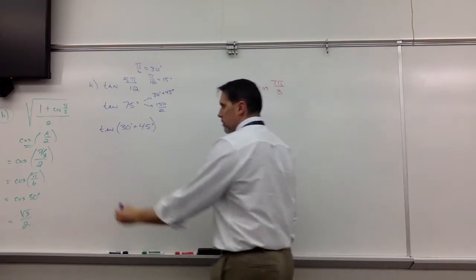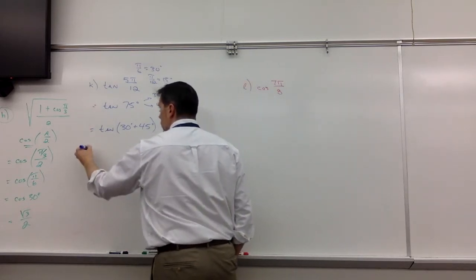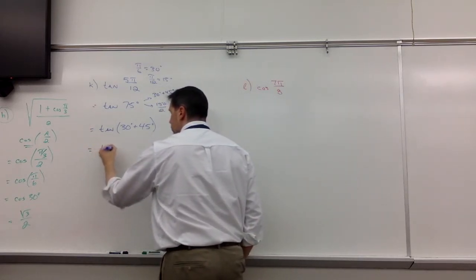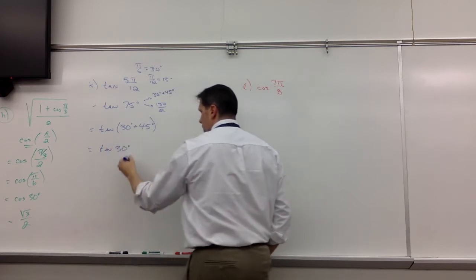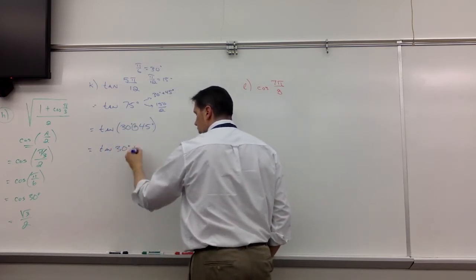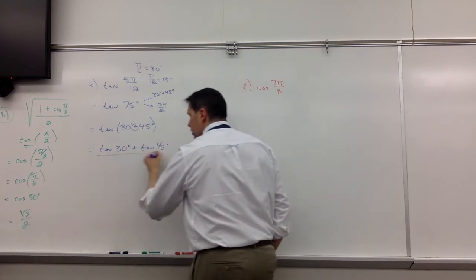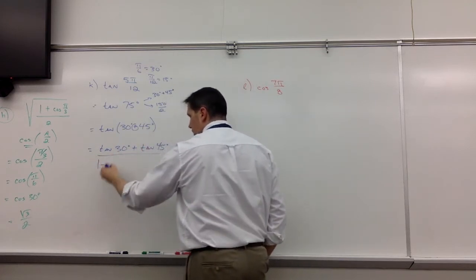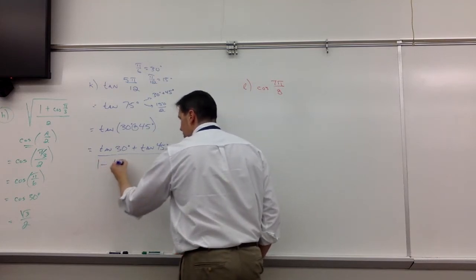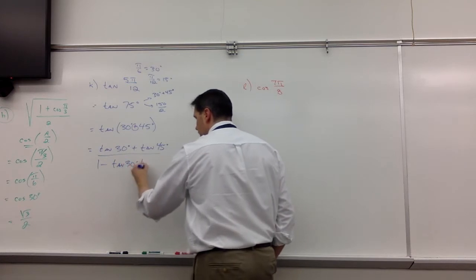Tangent sum formula goes tangent of the first, same plus or minus, so plus tangent of the second. And then 1 minus, opposite sign, opposite plus or minus. We got tangent of 30, tangent 45.